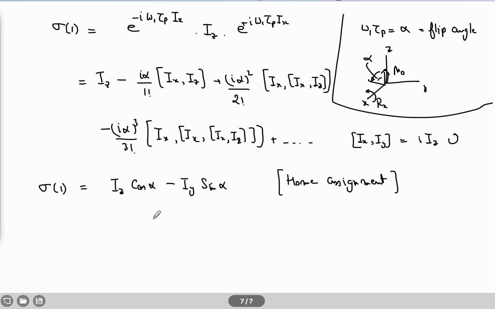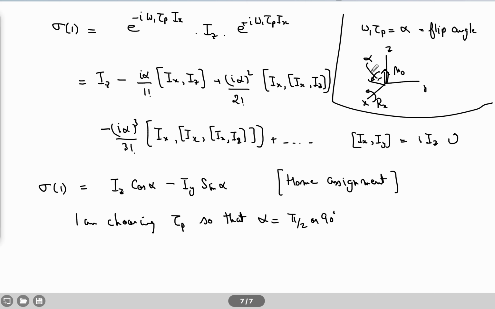So this is your sigma 1. Now I'm choosing my tau p so that alpha is equal to pi by 2 or 90 degree, right? I can always do that because my omega 1 is fixed, so I can perturb my tau p, so I can choose my tau p so that the flip angle is 90 degrees.